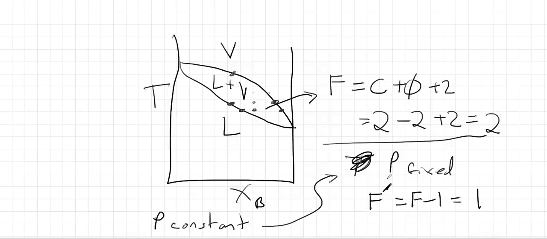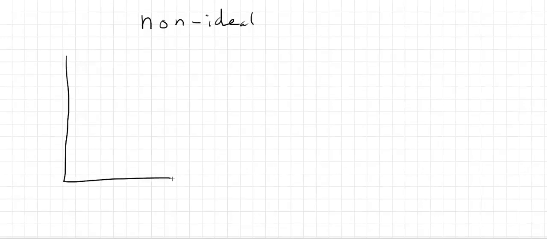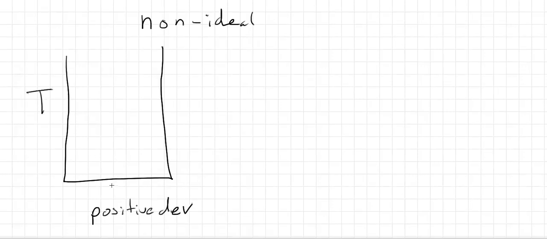Okay, I guess there is actually one more topic after this, which is non-ideal mixtures. We just did ideal mixtures, and so let's look at a case where we have positive deviation from Raoult's law. What's going to happen if we have a slight positive deviation?